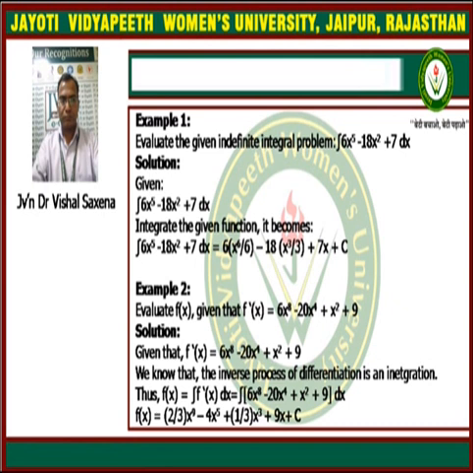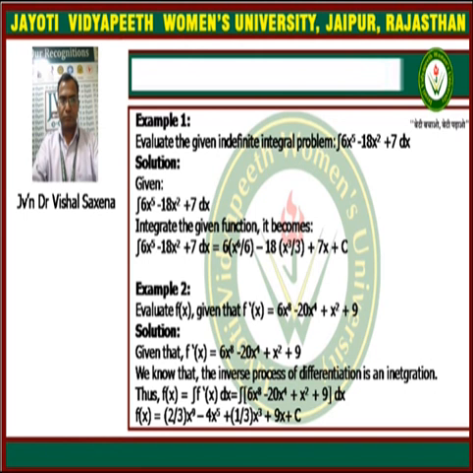As we all know, integration is also known as antiderivative. So if f dash x is known, then how can we find f(x)? f(x) can be determined by the integral of f dash x, because it is the antiderivative process.